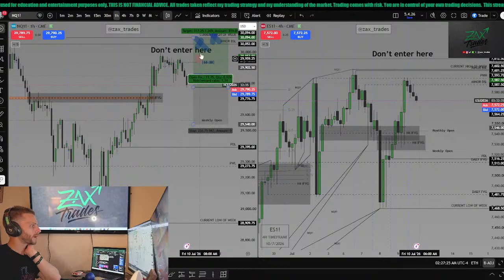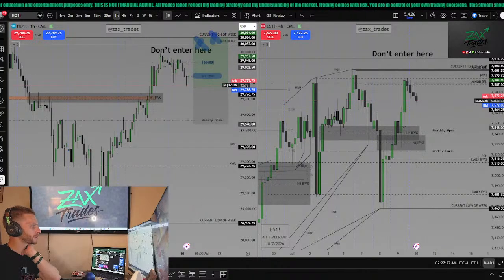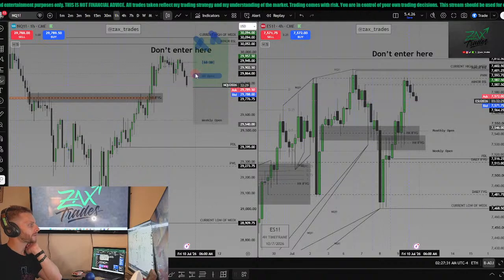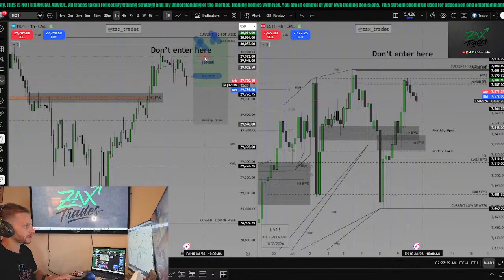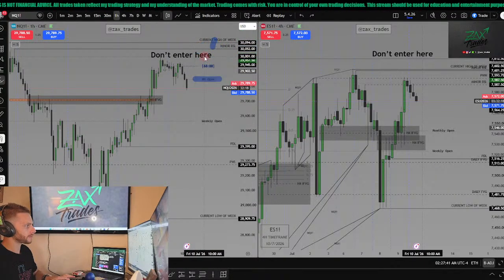So if these are my draws on liquidity up here, just a total example before we get started, what do I need the 4-hour candle to look like? Well, I need at least some sort of bullish 4-hour candle. Let's get rid of these X's.